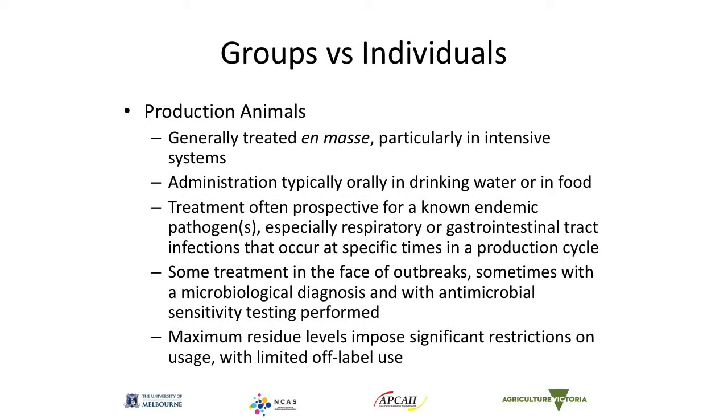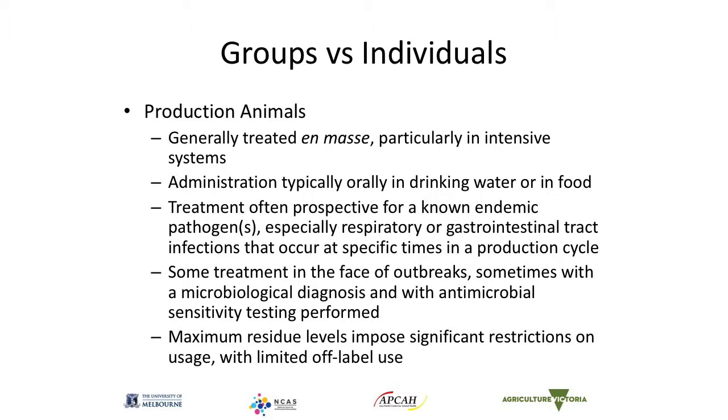The way we approach antimicrobial therapy varies between our production animals and our companion animals, and this is really a difference between treatment of groups and treatment of individuals. So in production animals, we generally treat them en masse, and particularly we do this in intensive management systems. Administration is typically orally, in drinking water or in food.